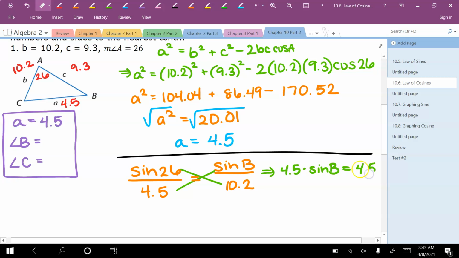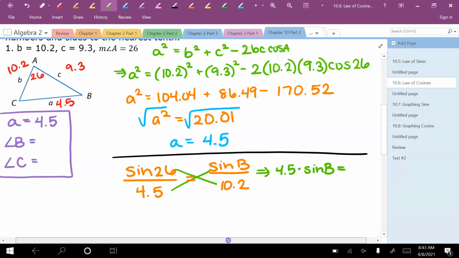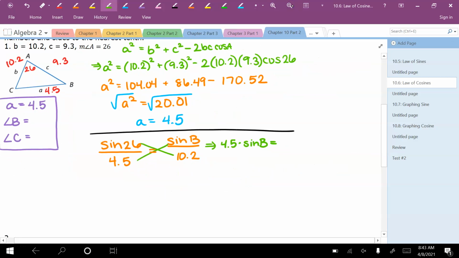Hang on a second. I'm not going to multiply that just yet because if I'm rounding, it's not going to give me the correct answer. So I'm going to leave this as 10.2 times the sine of 26. So I need to get that sine of B by itself. So I'm going to divide both sides by the 4.5.